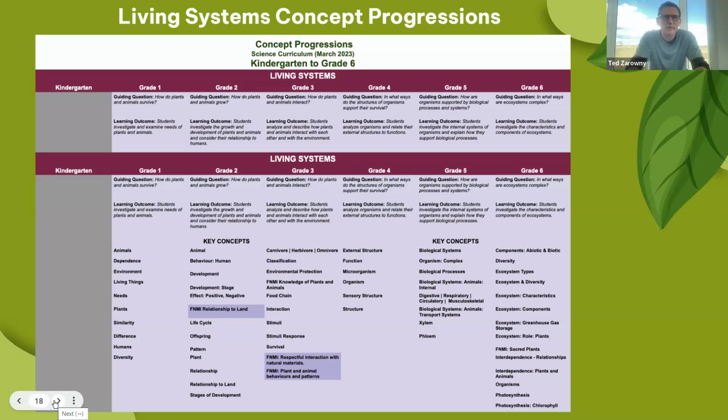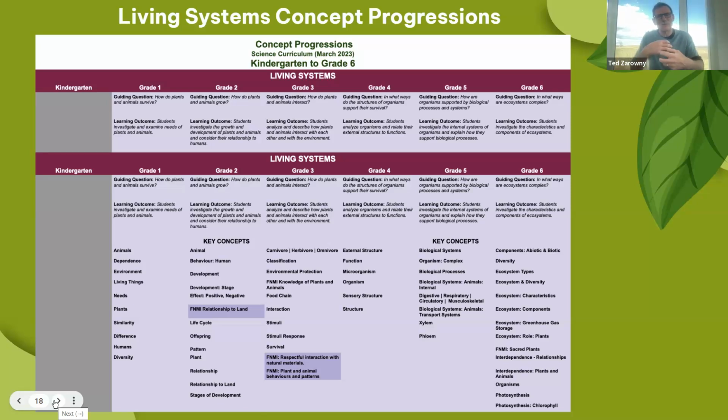Thanks, Chris. As I said, the structure of this curriculum builds in the potential to move away from teaching just in separate units into a more integrative, iterative component and transfer idea in the curriculum. Grade 1, for example, begins with animals and plants and living things and what they need.